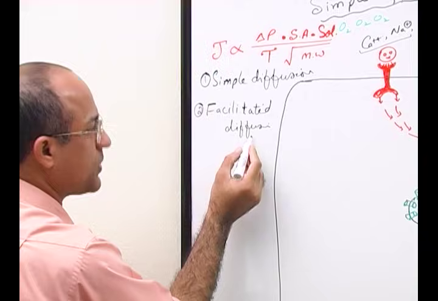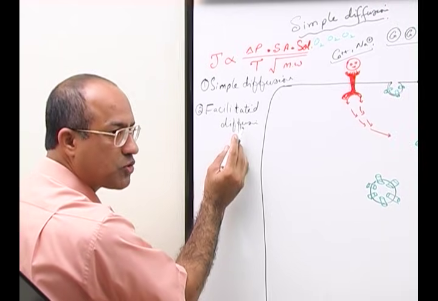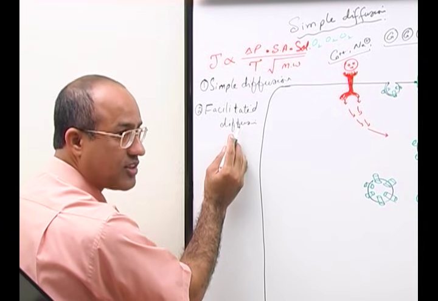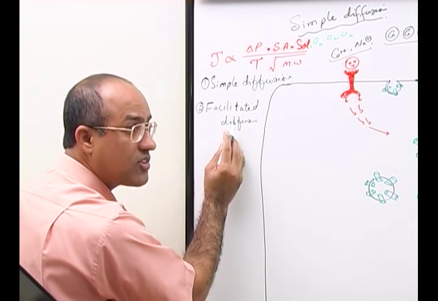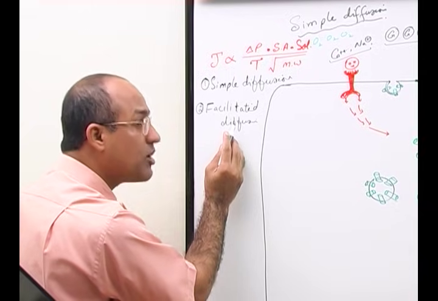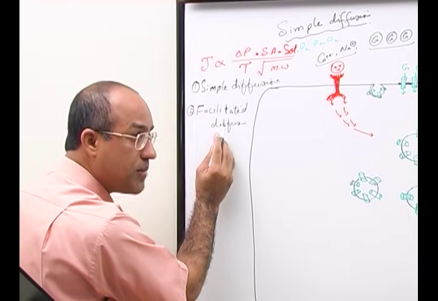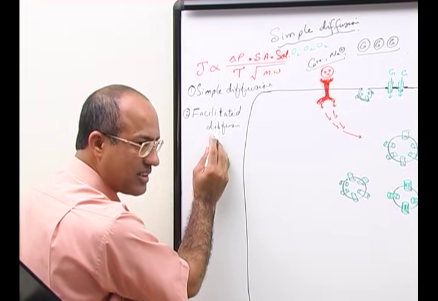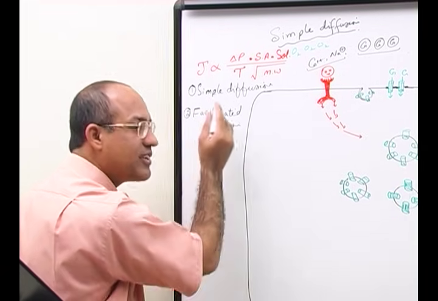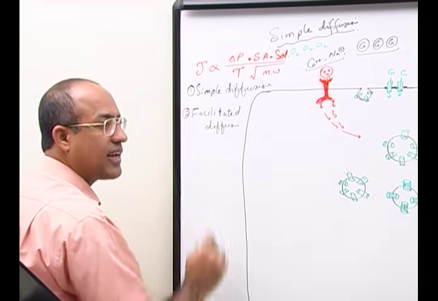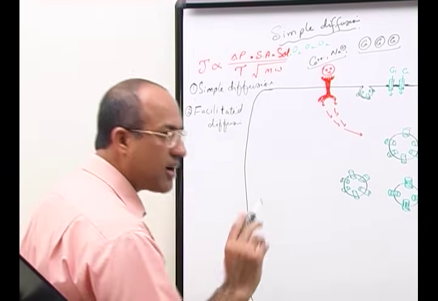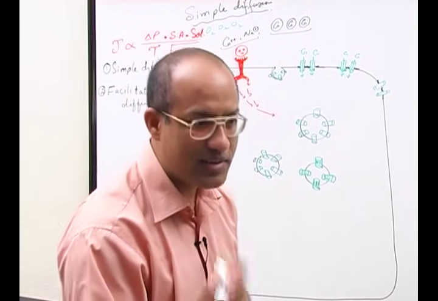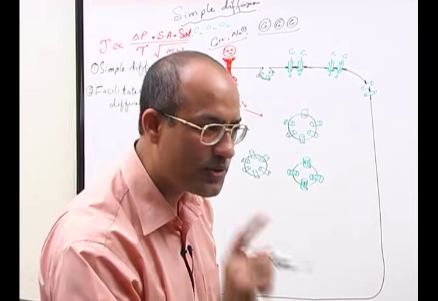In facilitated diffusion, of course, substances diffuse from high concentration to low concentration, but because these substances are either polar or have larger molecular weight, they don't dissolve in the lipid bilayer of the membrane. So the presence of certain carrier proteins or channels facilitates the movement of those substances, and such movement of substances from high concentration to low concentration is called, yes, facilitated diffusion.